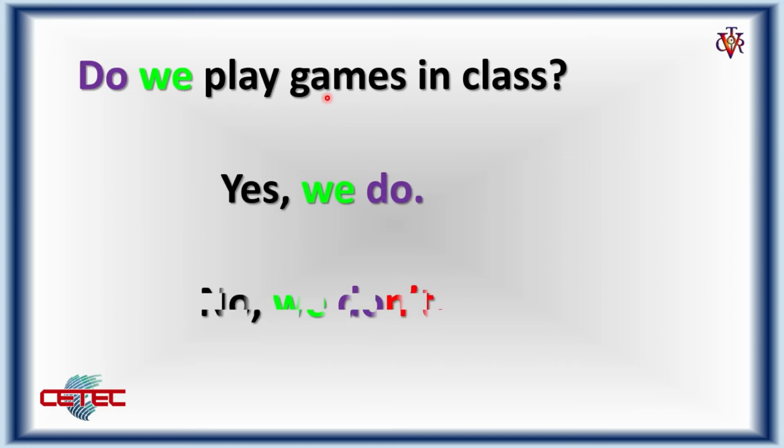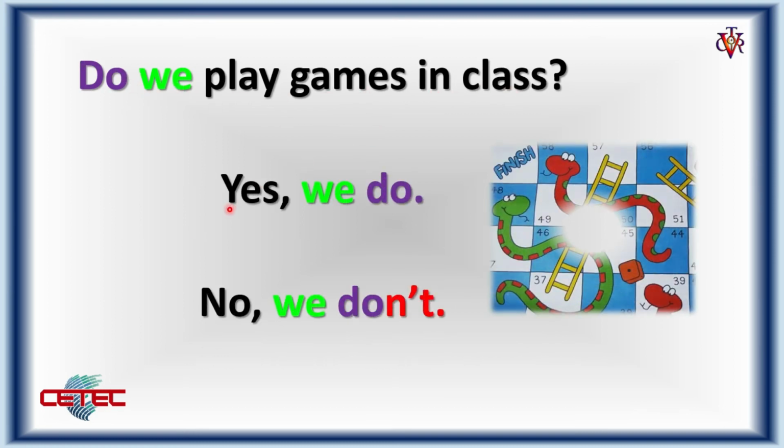Do we play games in class? Yes, we do. We, subject, do. And the auxiliary and the subject are going to be together. We is our subject. Do is the auxiliary. The verb, play. Do we play games in class? Yes, we do. No, we don't.